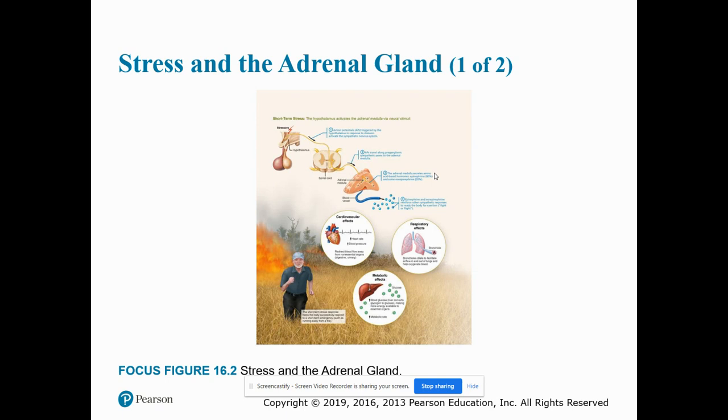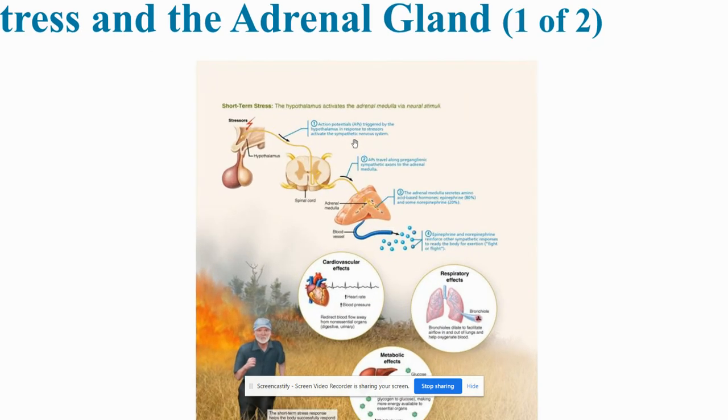And this is just showing the stress. So we have somebody running from a fire. Action potentials from the hypothalamus are sent down to activate the sympathetic nervous system. The sympathetic nervous system sends a signal. The catecholamines are released into the blood.